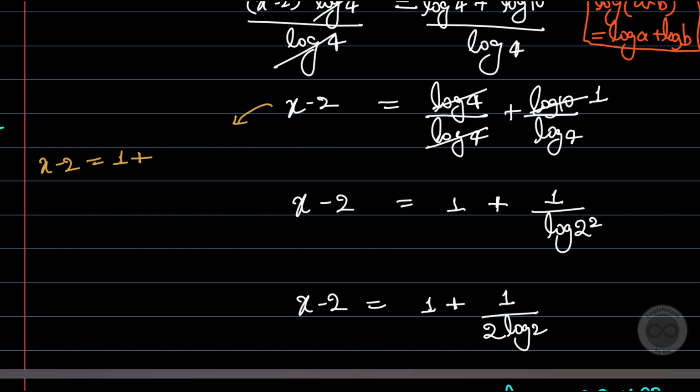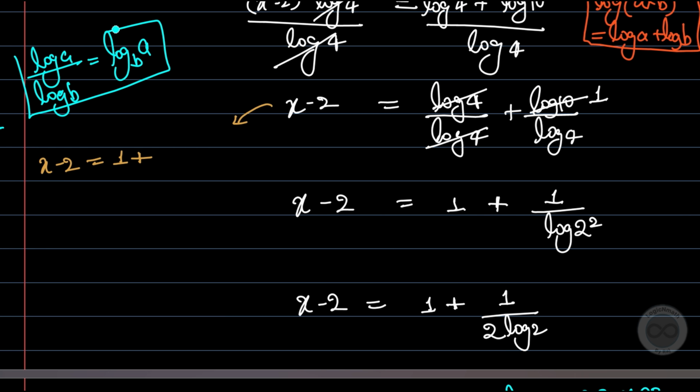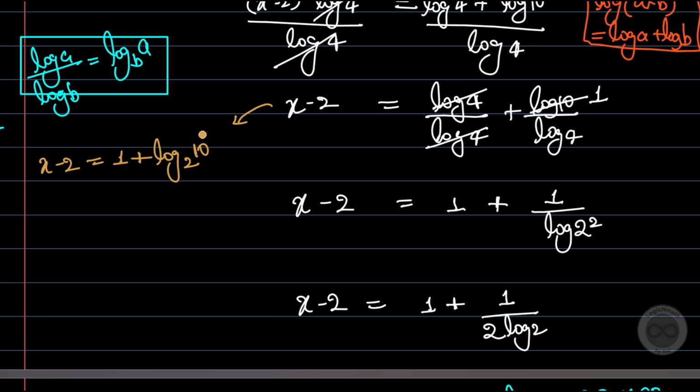We are just going to use the property that says log of a over log of b is equal to log a to base b. So this makes our equation 1 plus log of 10 base 2, or adding 2 on both sides, x is equal to 3 plus log 10 base 2.